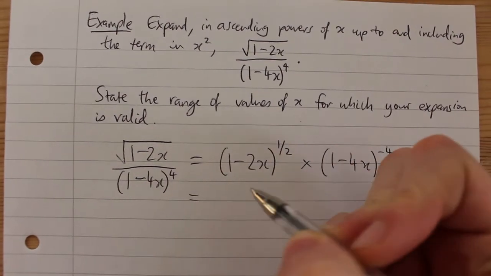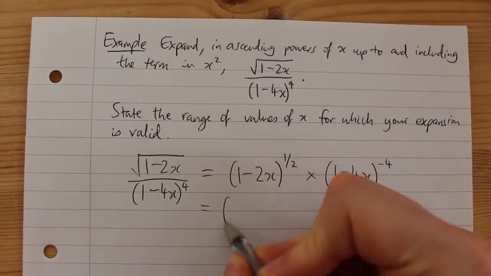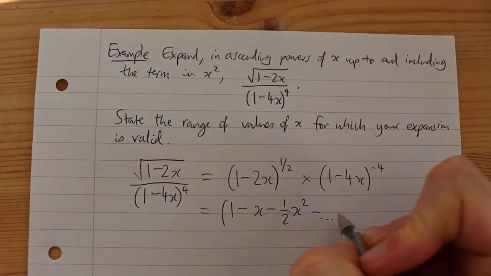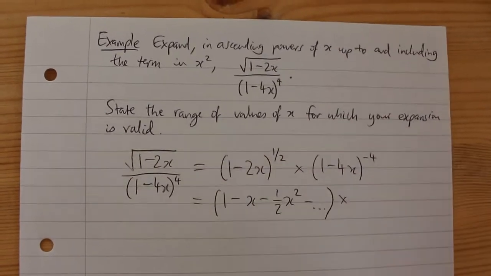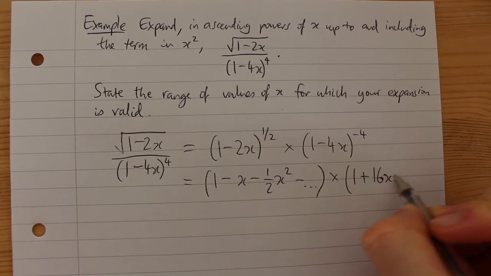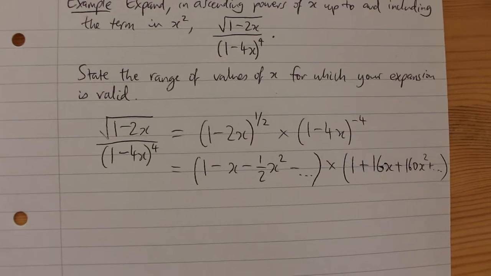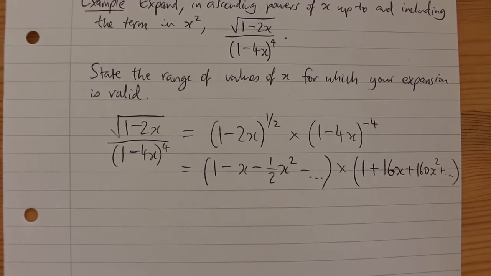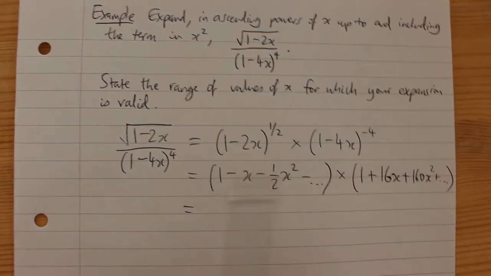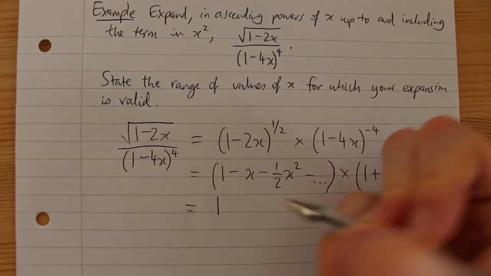So we found before that 1 minus 2x to the power half was 1 minus x minus a half x squared, and so on. And 1 minus 4x to the minus 4 was 1 plus 16x plus 160x squared, and so on. And then we want to look at how can we make a constant term. The only way when you expand these brackets to make just a number is 1 times 1, which is 1.